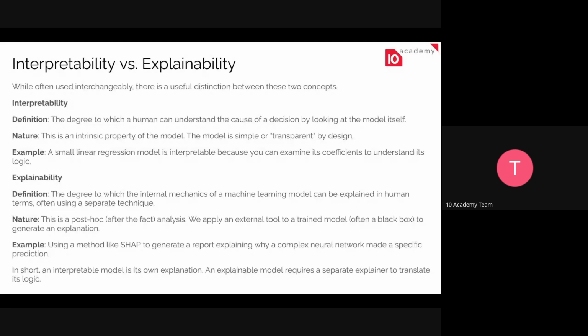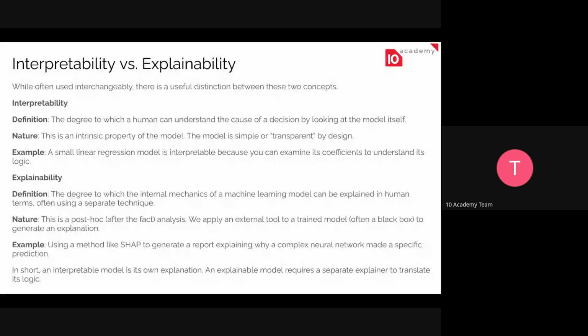This is an intrinsic property of the model. The model is simple and transparent, such as a linear regression model or a decision tree model. Its interpretability comes from examining its coefficients. If this term is new to you, don't worry about it, we will see what examining the coefficients means. You can do that to understand its logic, so you will know why a certain decision has been made just by looking at the model itself.